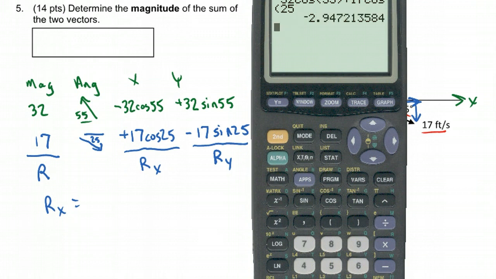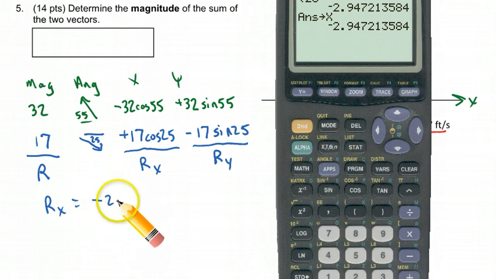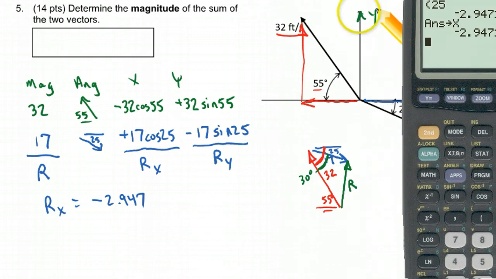That's going to give me minus 2.94. So that is my x. I'm going to store that in x. I'll go ahead and write it down here, 2.947, and that's got units from our graph over here, feet per second.